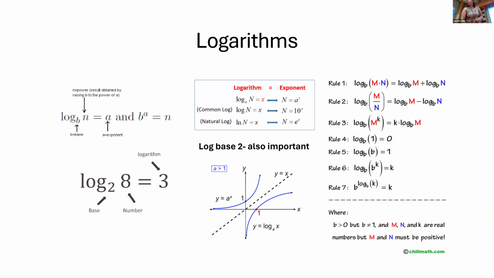Okay. I was just wondering why it's impossible that the number inside the log equals 0, because we know that 0 to the power of anything equals 0. Okay, so let's figure out what that means.